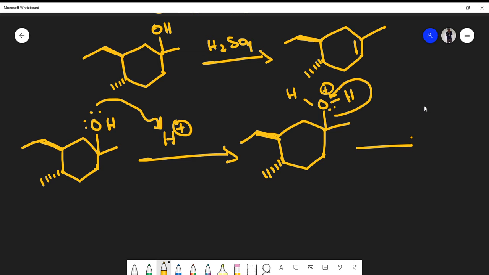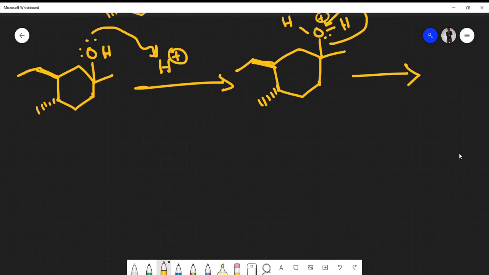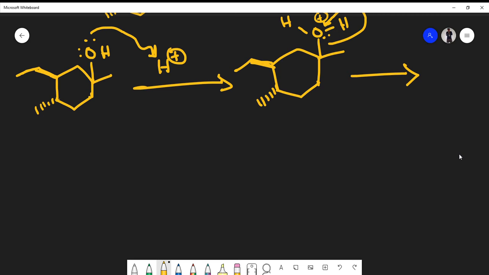So essentially, we've now formed a carbocation. Let me move this up a little bit. There's still the methyl group, there's the carbocation, and there's my R groups on the other side of the molecule.